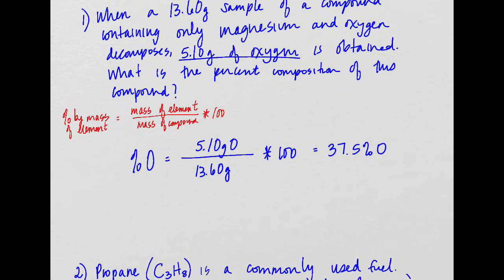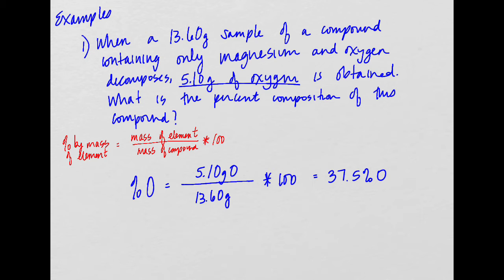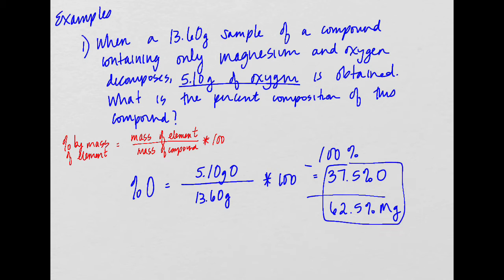If we are using our brains, we can just find the percent magnesium by subtracting this number from 100%. When we do that, we find that the percent magnesium is 62.5% magnesium. So our percent composition, how I would report this, is that this compound is made up of 37.5% oxygen and 62.5% magnesium.